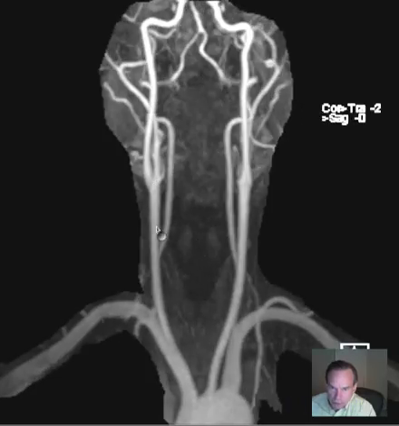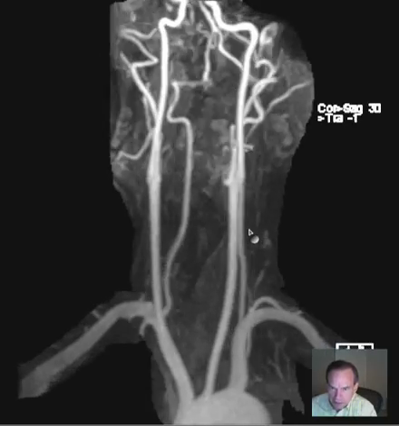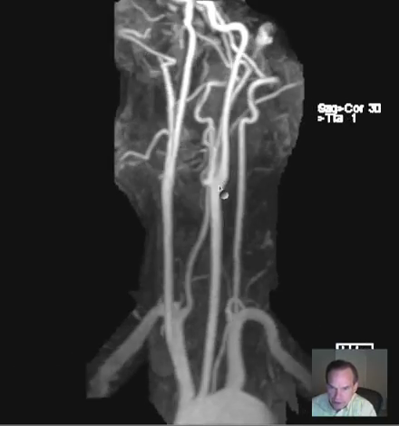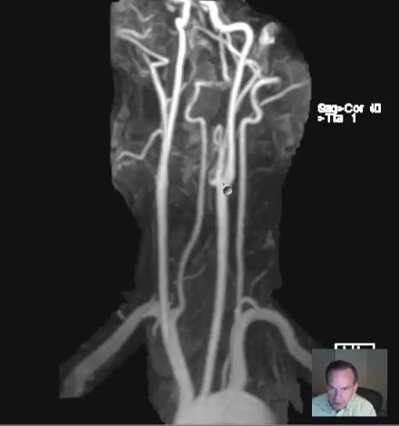We see the right common carotid artery branching into a right internal carotid artery and right external carotid artery. Now on the left side we have the left common carotid artery coming right off the aortic arch. That left common carotid artery bifurcates into the left internal carotid artery and the left external carotid artery.